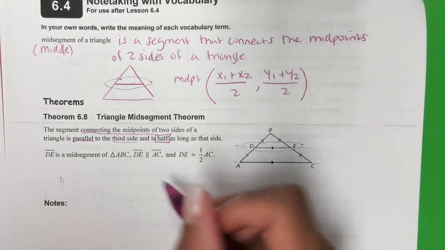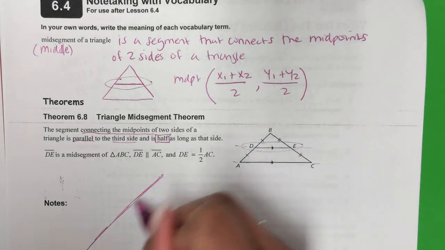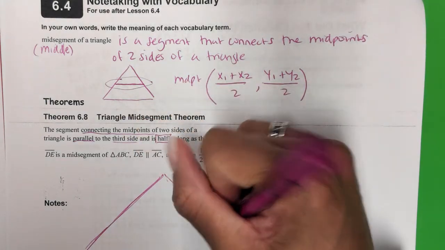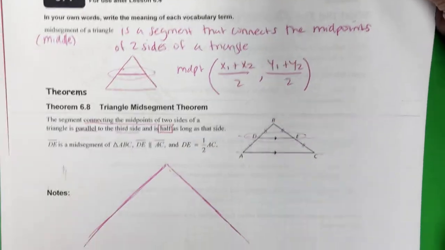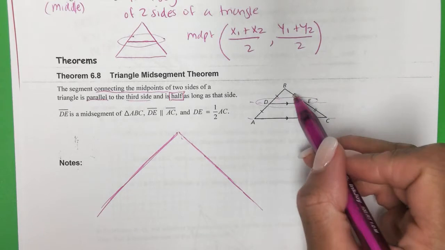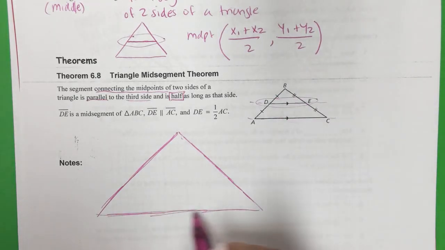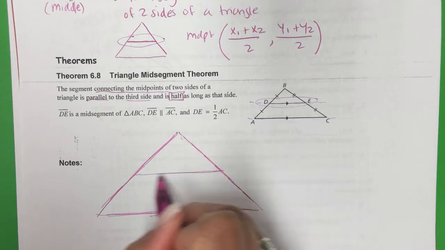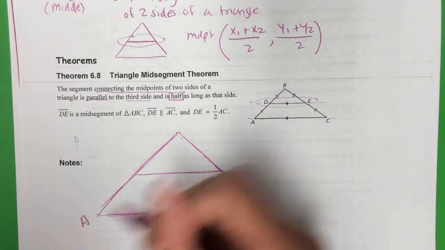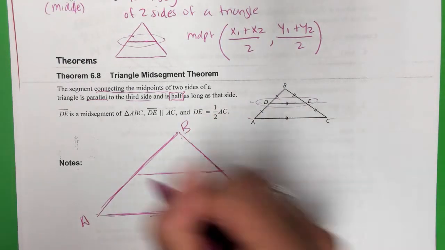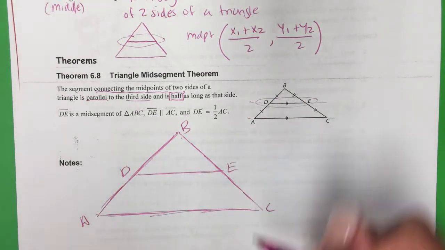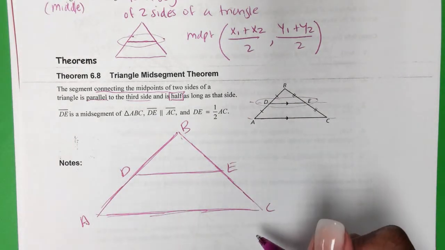So let's try an example. Note which sides are also congruent as well. So I have triangle A, B, C, and DE is my mid-segment of the triangle.